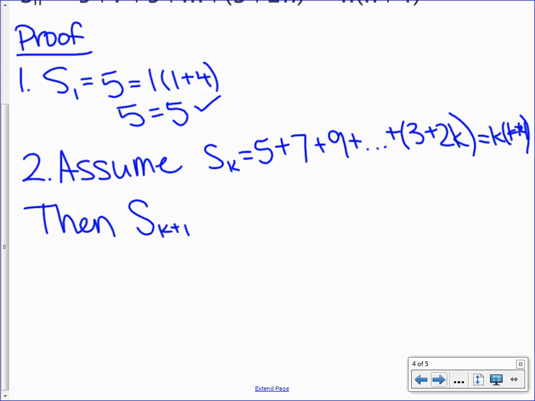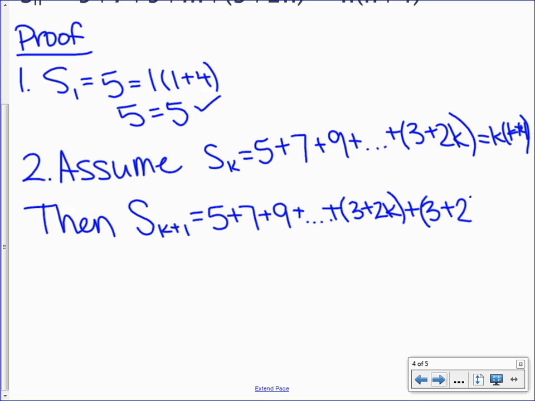We don't know what it equals, but we know we're adding up 5 plus 7 plus 9 plus 3 plus 2k. And then what do we do? We add what term? The k plus 1 term.